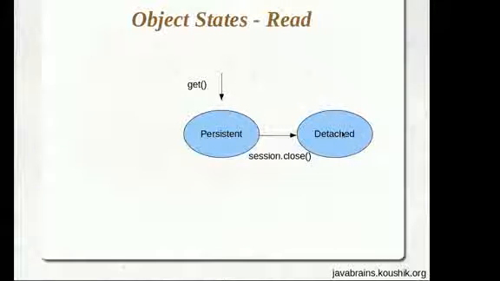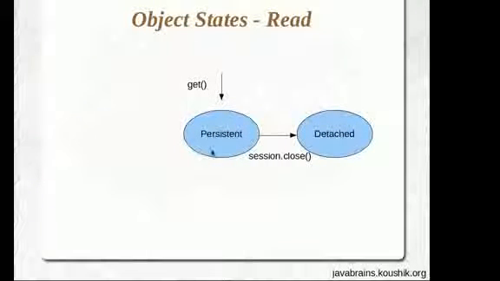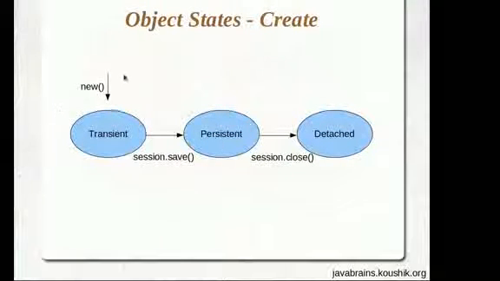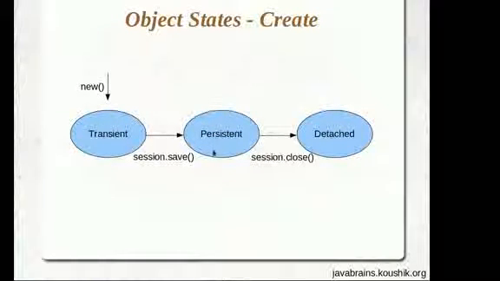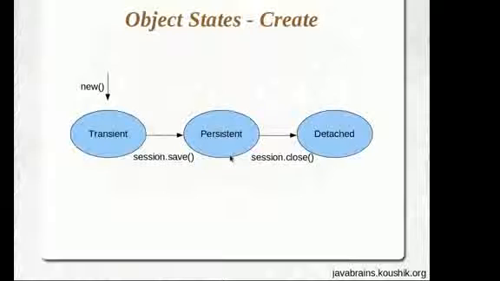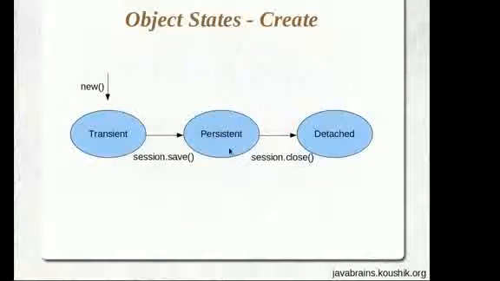In our example tutorial, we did a read, we did a session.get, and then we did an update for that. It doesn't have to be done that way. You can also have a new object persisted so that it gets saved, and then you can make changes to that, and it also automatically gets updated because it goes into a persistent state.